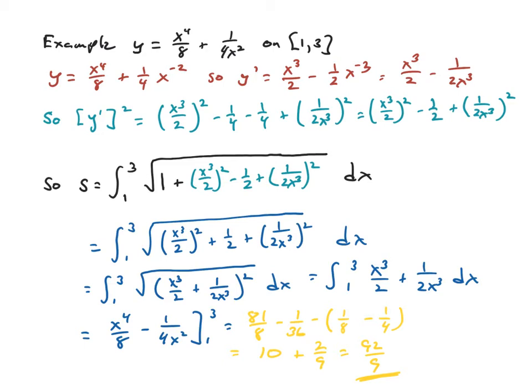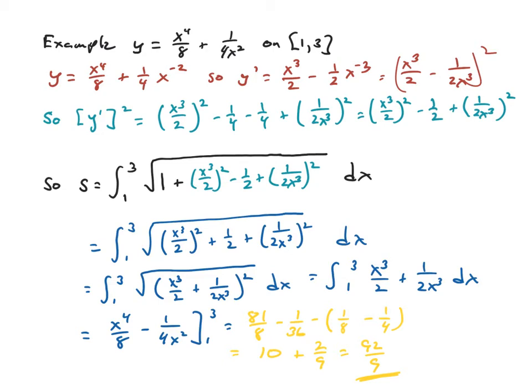Now the next thing I have to remember is, in the arc length formula, I need y prime squared. So what I'm going to do now is take my derivative and basically square it. When I do that, it's going to be x cubed over 2 minus 1 over 2x cubed times x cubed over 2 minus 1 over 2x cubed, and I'll have to FOIL that out.